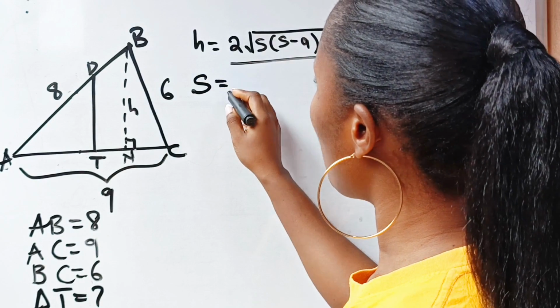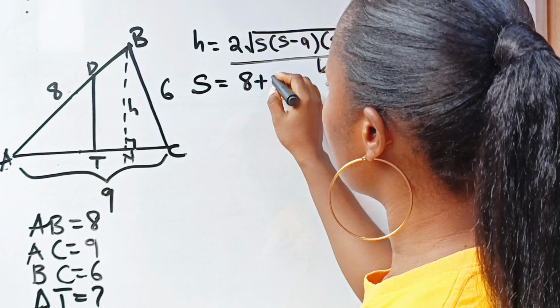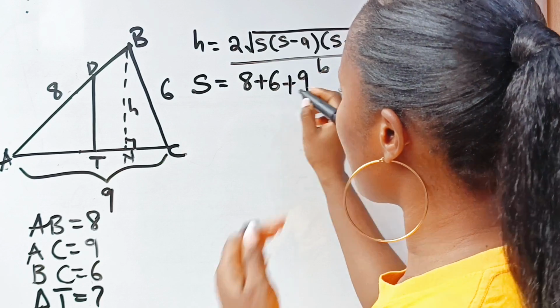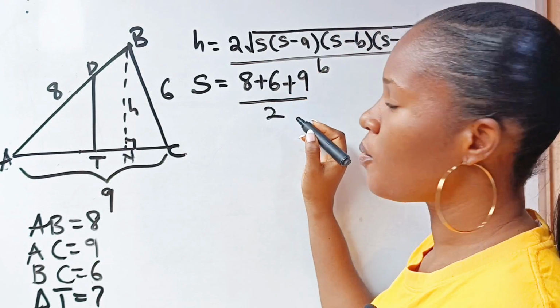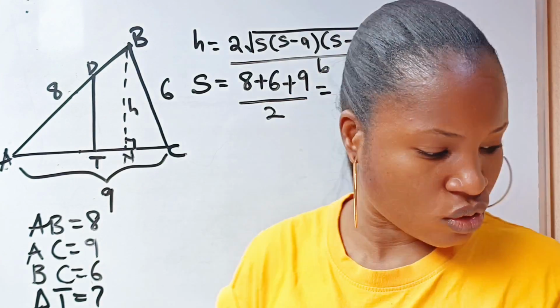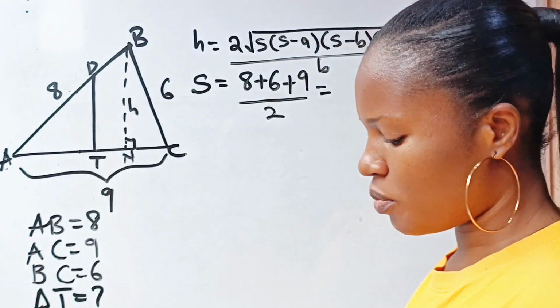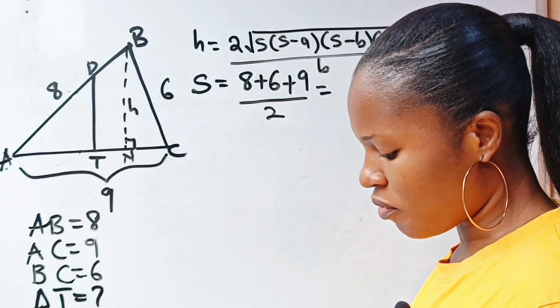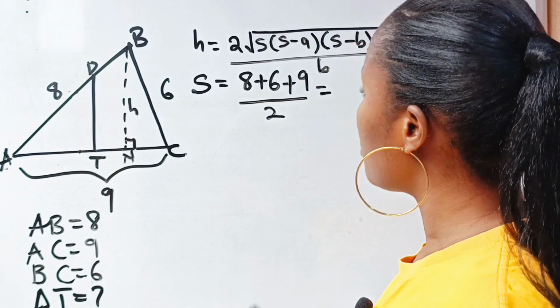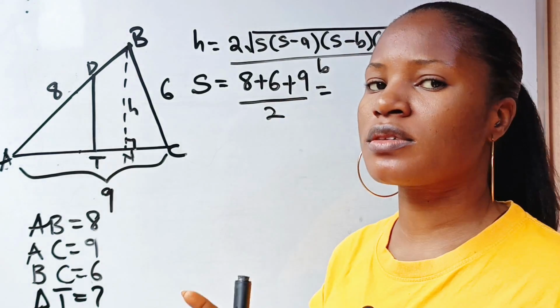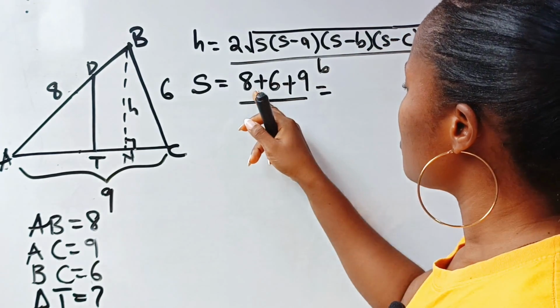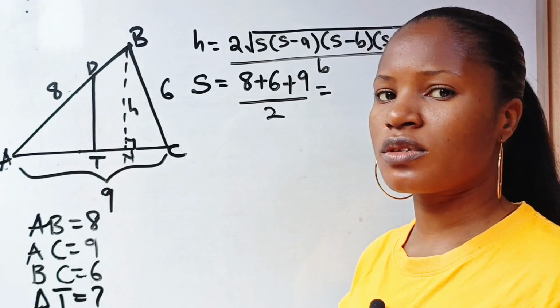So s is equal to 8 plus 6 plus 9 divided by 2. For this video to be faster, I'm going to be making use of my calculator. 8 plus 6 gives us 14, and 14 plus 9 gives us 23.